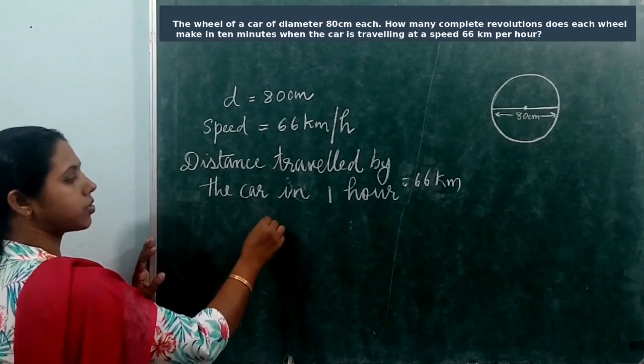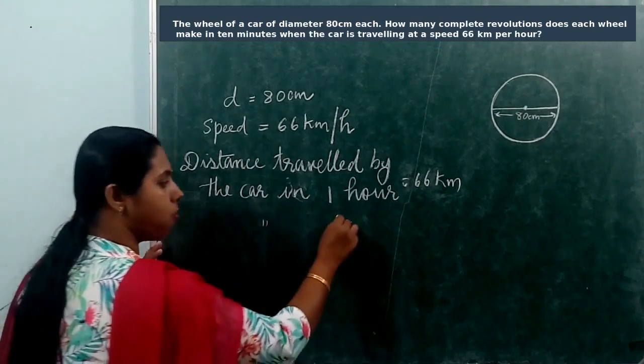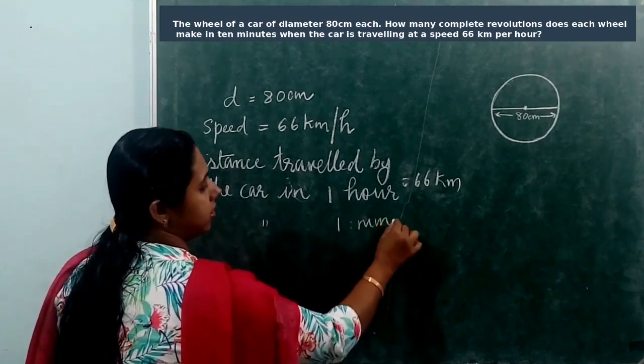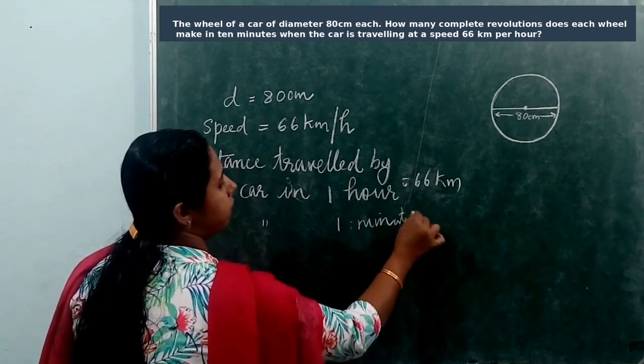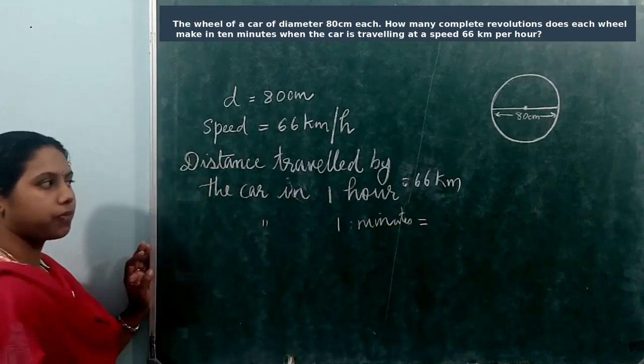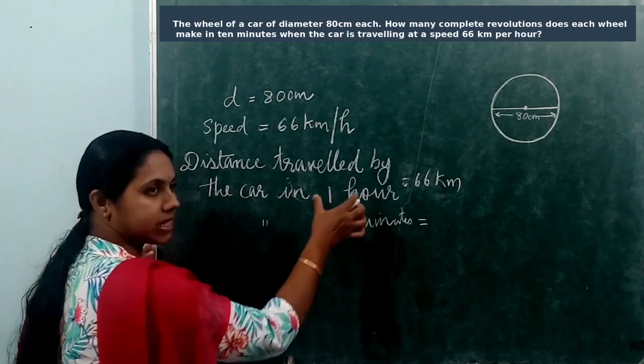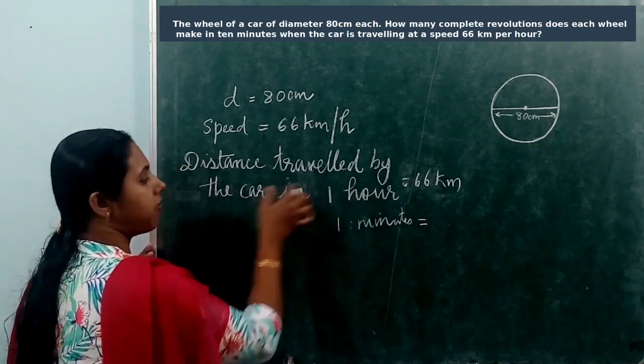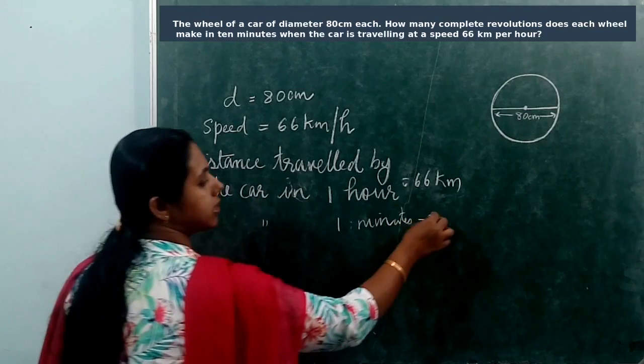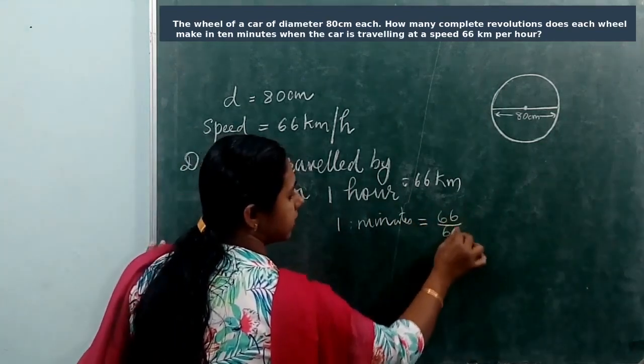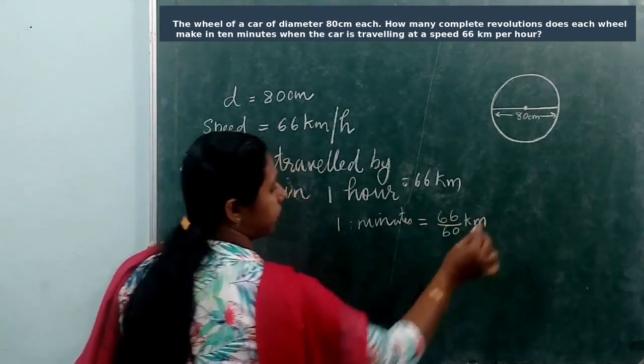Therefore, the distance travelled by the car in 1 minute is equal to, because 1 hour means 60 minutes, 66 by 60 kilometer.